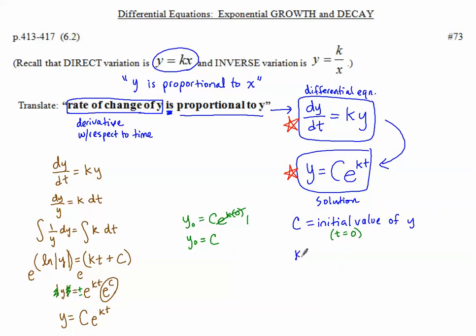K represents what I said earlier, the constant of variation, also known as the constant of proportionality.